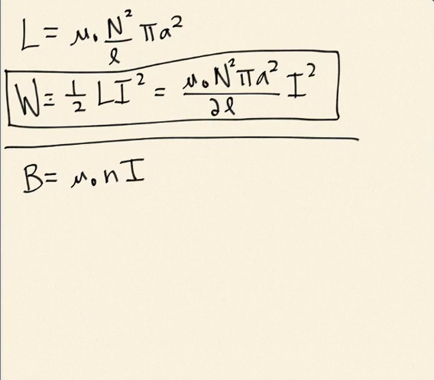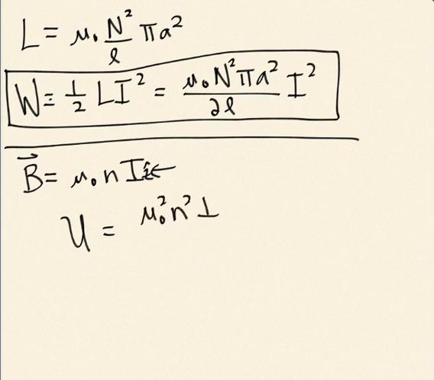So now if I calculate the energy density, okay, so the magnetic energy density, and this is uniform everywhere inside. Of course, it goes in the z-hat direction up the solenoid if the current is flowing in the right direction. But the energy density doesn't care about the direction of the field. It's just going to be B squared, which is mu naught squared, n squared, I squared, over 2 mu naught.